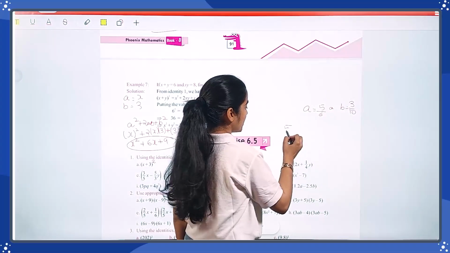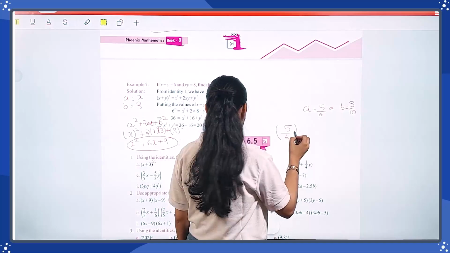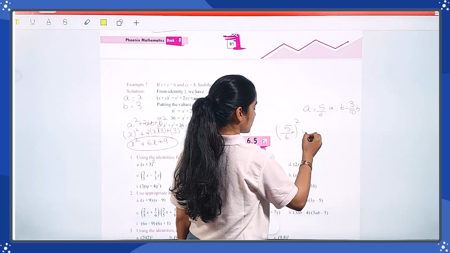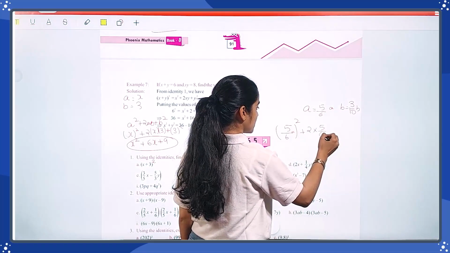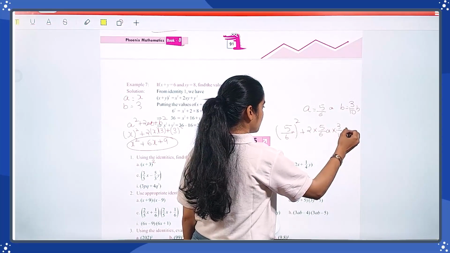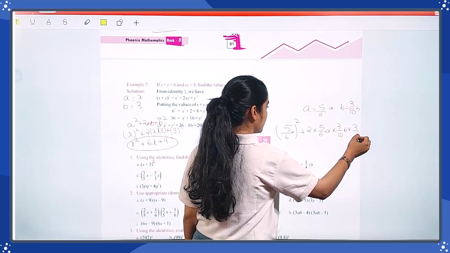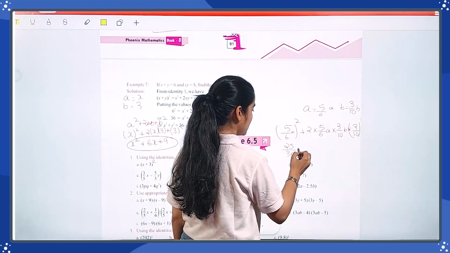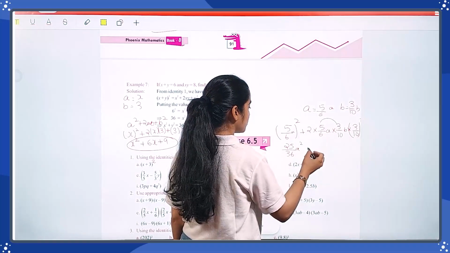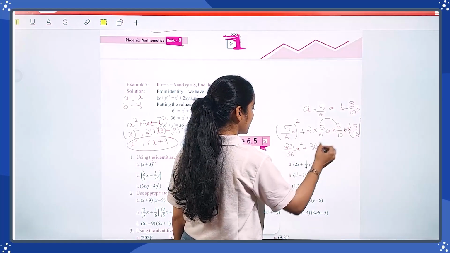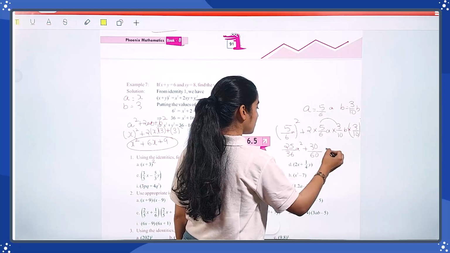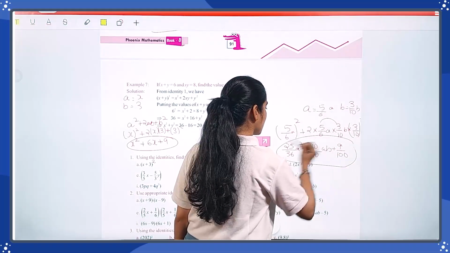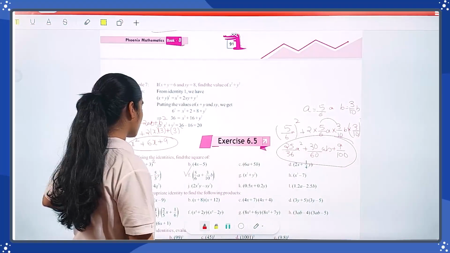So 5 by 6 a square, and this is your b square, plus 2 multiplied by 5 by 6 a multiplied by 3 by 10 b, plus 3 by 10 b whole square. 5 square is 25, 6 square is 36, and a square, 5 3s are 15, 15 2s are 30, and 6 multiplied by 10 is 60. a multiplied by b is ab, plus 3 square is 9, 10 square is 100, and this is your final answer. In the same way, you have to solve the rest of the questions.